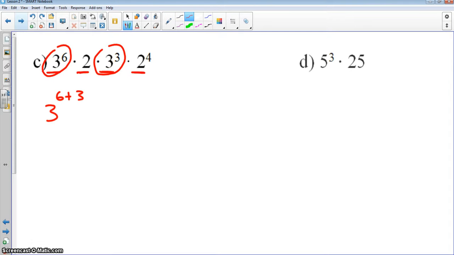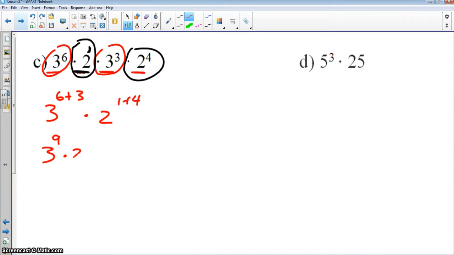Now remember what we just said, this 2 here does not have an exponent, so let's put a 1 there so we don't forget to add that. So this would be times 2 to the 1 plus 4. Now just do your addition, so this would be 3 to the 9th power times 2 to the 5th power, and that's exponential form. You don't have to do any more math there. So we're done.